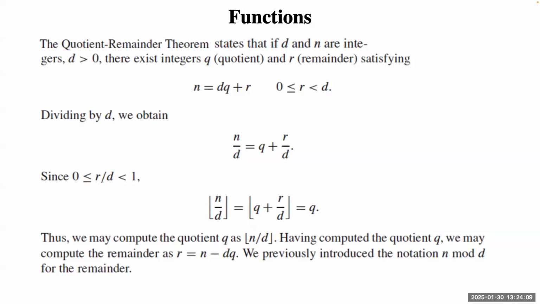An important theorem in division and number theory is called the quotient remainder theorem. This states that if d and n are integers and d is greater than 0, there exist integers q, called the quotient, and r, called the remainder, satisfying this formula: the original number n is equal to d times the quotient plus the remainder.